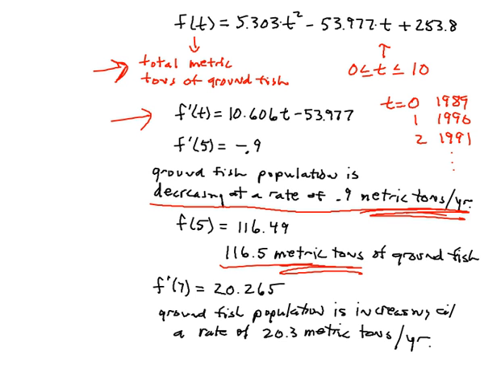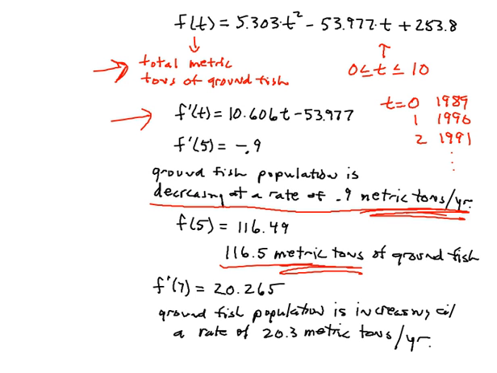So something big happened in 1996. The population of groundfish is actually increasing 20.3 metric tons per year at that rate. But at the beginning of 1994, it was actually decreasing at about a metric ton per year. So that was turned around a little bit by something. In part B, it says fishing restrictions were imposed in 1994.